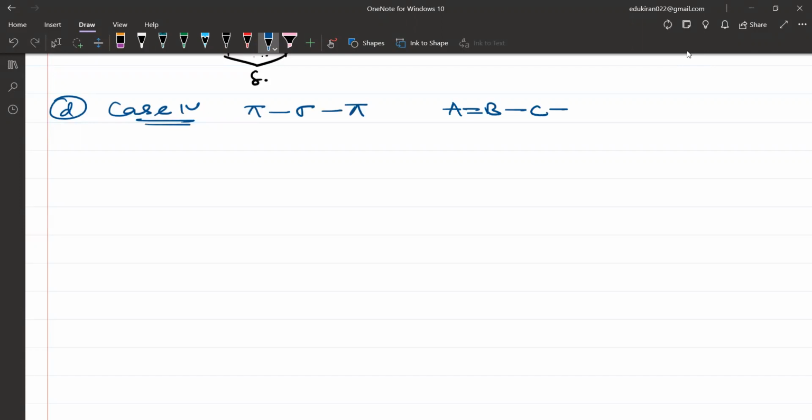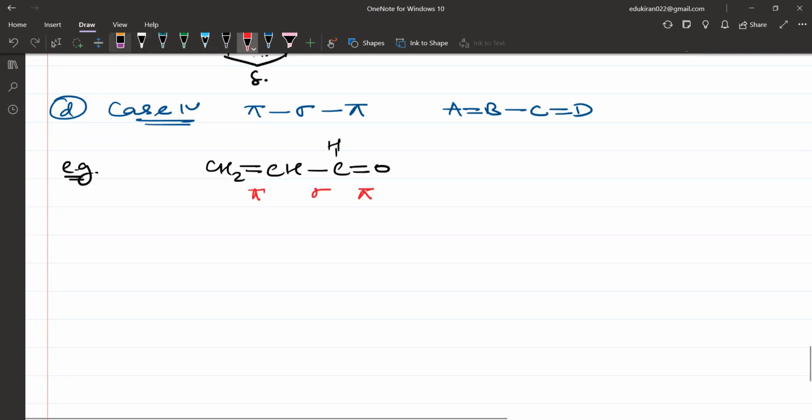A double bond B, single bond C, double bond D. Okay, now in this case, the very first example: you have CH2 double bond, CH single bond, CH, the aldehyde case. CHO, if you write it out in full, then it is going to have a hydrogen like this and double bond O. So here you can see this is pi sigma pi, okay.